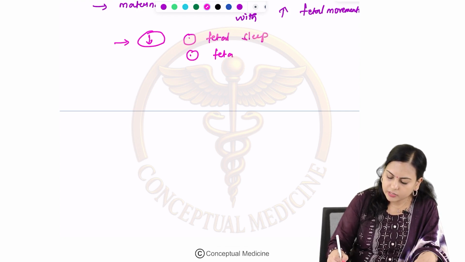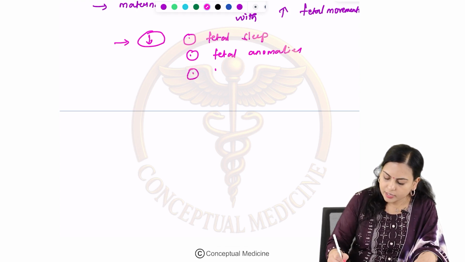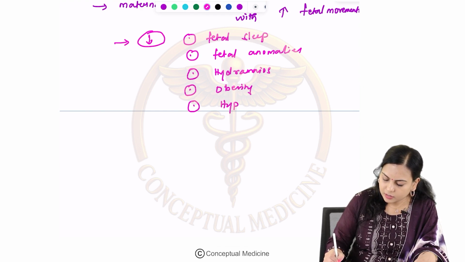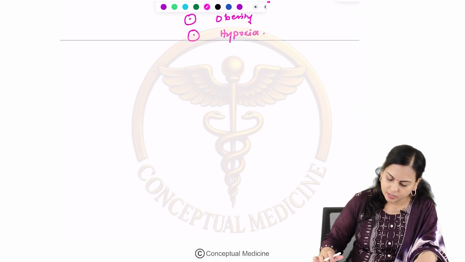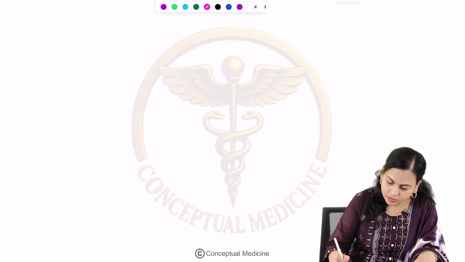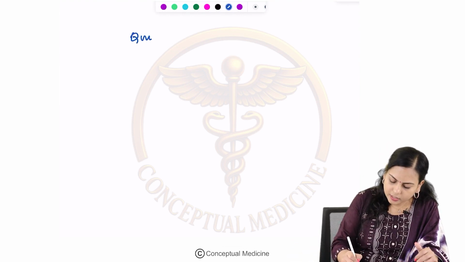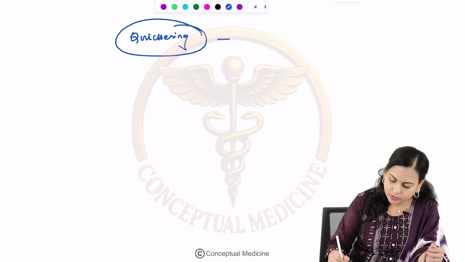Then when there is fetal anomalies, okay, and it will not be perceived much in case of hydramnios, obesity, or when there is hypoxia. Clear? Yes. Now, what is quickening? Quickening is the perception of fetal movements for the first time in a mother. Okay.